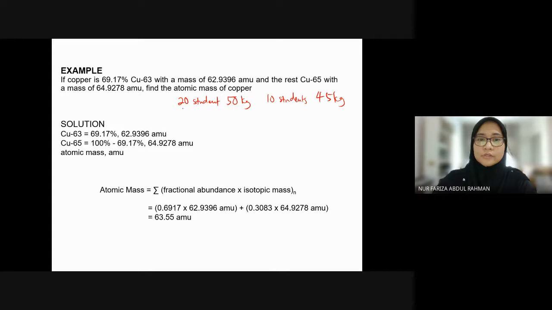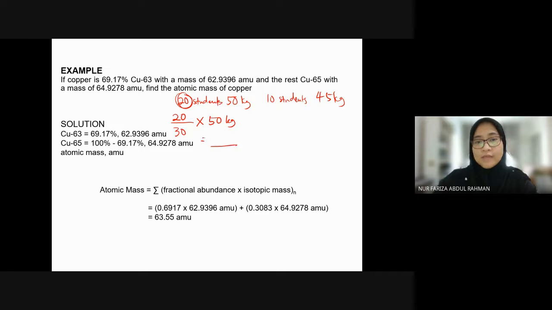The way to calculate this is by finding out the 20 students. This 20 actually represents the abundance. 20 students having 50 kilos of weight over 30, which represents the total number of students, and then times 50.